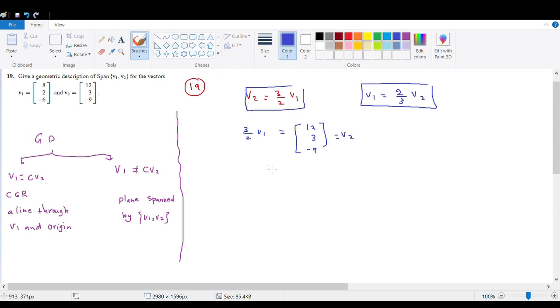The geometric description is a line. We said here it is a line, or let us write a span.